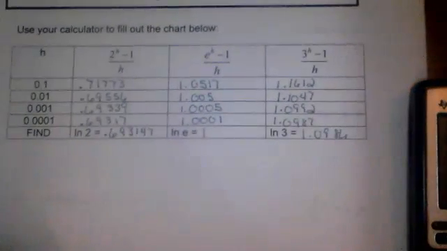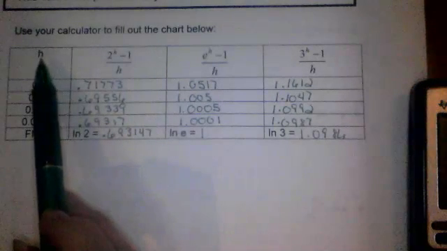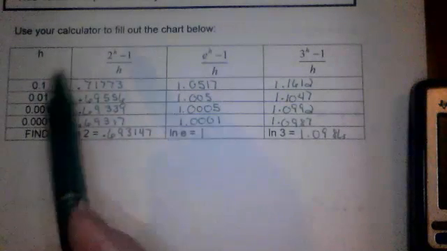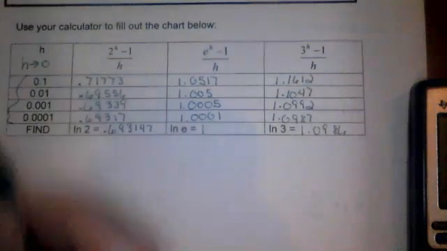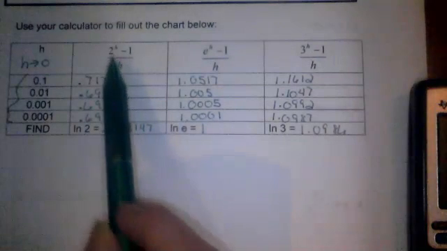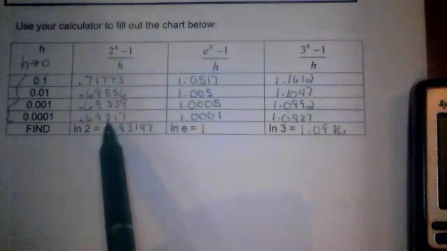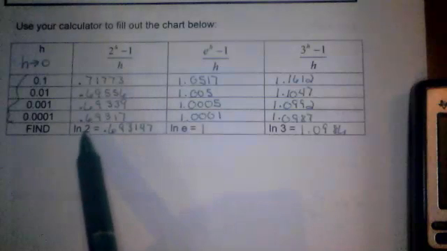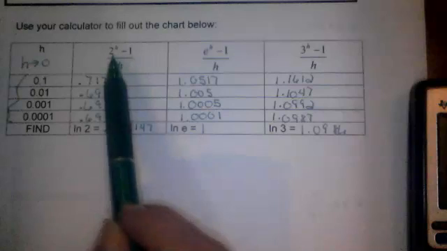All right. So now when I look at this chart all filled out, what I'm finding out here is that as h approaches 0, in all of these, h is approaching 0. The closer h gets to 0, the closer this value at the end of my chart gets to the natural log of this number.